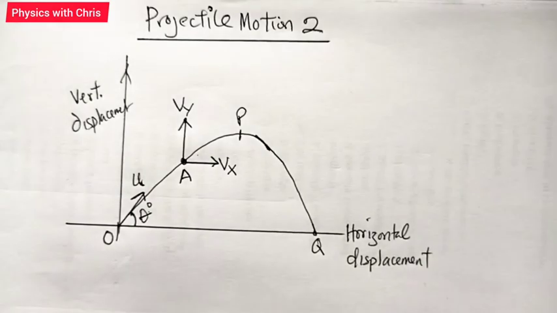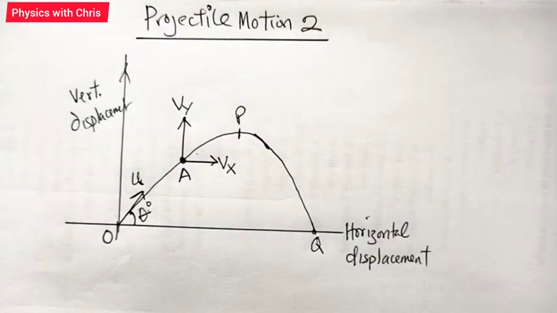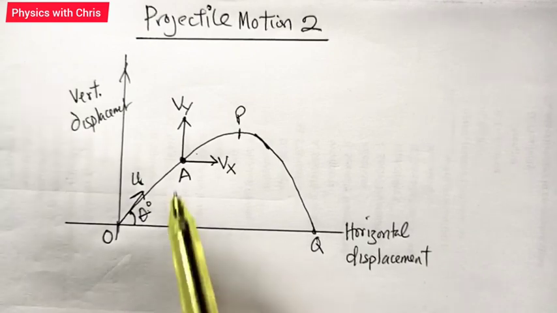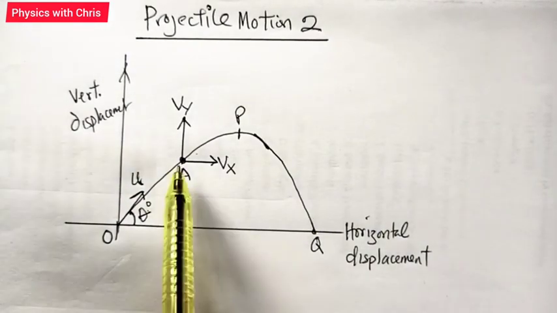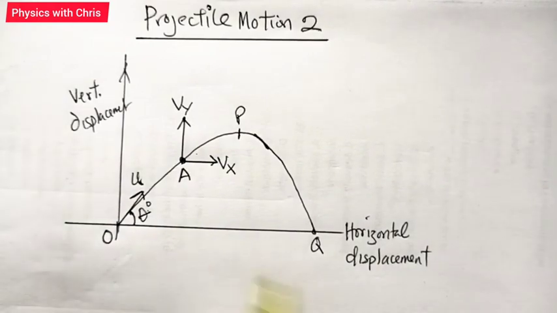And I said after some time t seconds later, the projectile is at point A, and that we can resolve the velocity at point A into two components. We have the Vx, which is acting horizontally, and the Vy, which acts vertically.